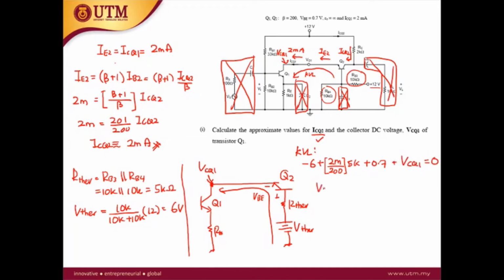So the VCQ1 equal to 6 minus 0.05 volt minus 0.7, equal to 5.25 volt. So this is the solution for the VCQ1.